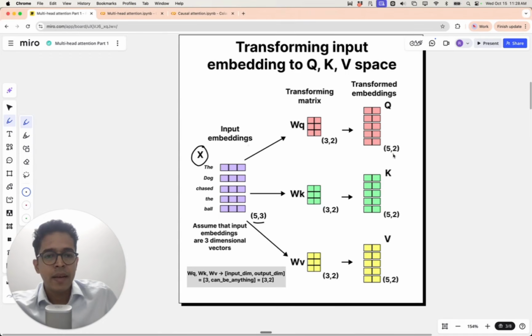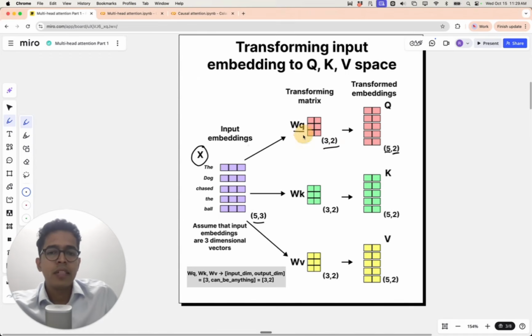The query space dimensionality is 2 according to our assumption; we said we will use query, key, and value spaces of dimensionality 2 instead of 3. So to convert 5 vectors each of dimension 3 into 5 vectors each of dimension 2, we used a transformation matrix of dimension 3 by 2. So 5 by 3 multiplied by 3 by 2 gives a 5 by 2 matrix.